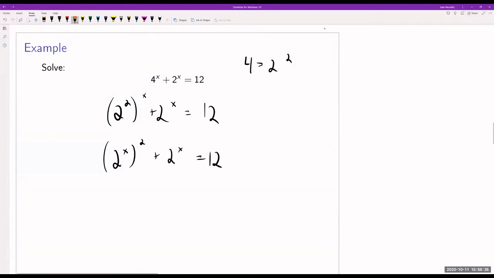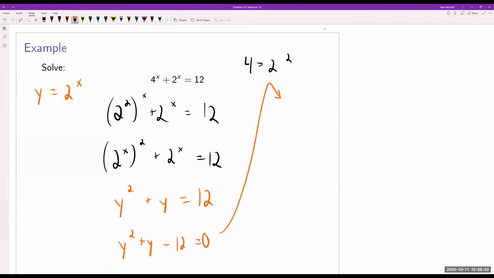If I say y is equal to 2 to the x, then we could rewrite this as y squared plus y is equal to 12, becoming a very straightforward quadratic. y squared plus y minus 12 is equal to 0. Let's factor here. So that'll be y plus 4, y minus 3, which means that y is equal to negative 4 or y is equal to 3.